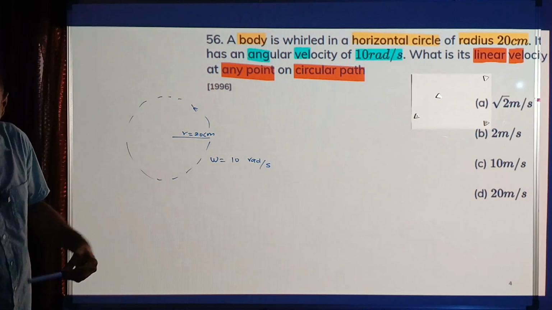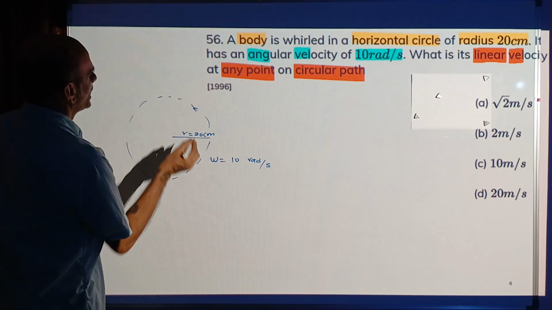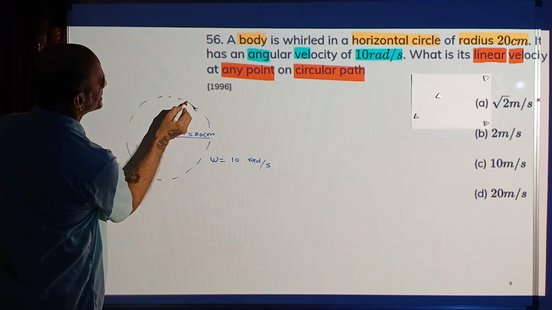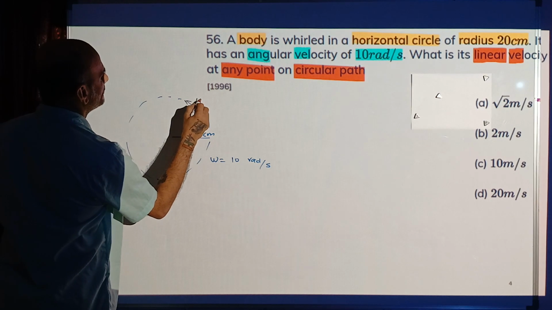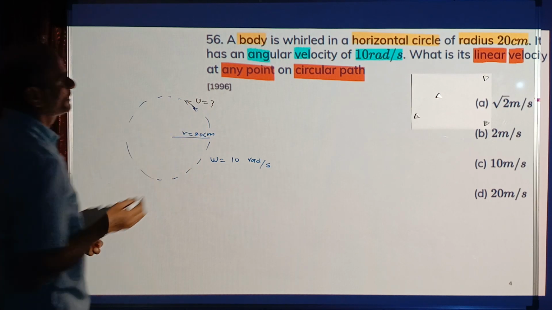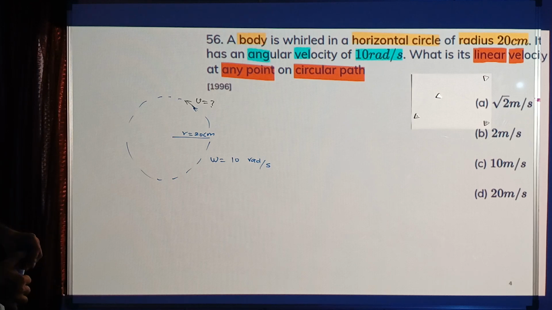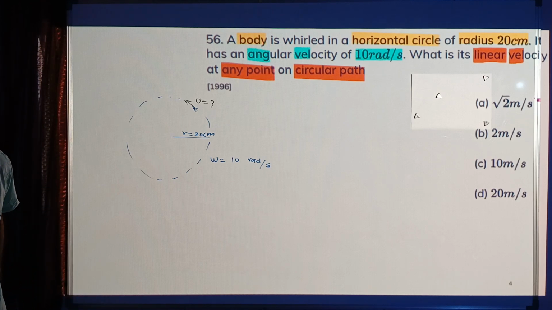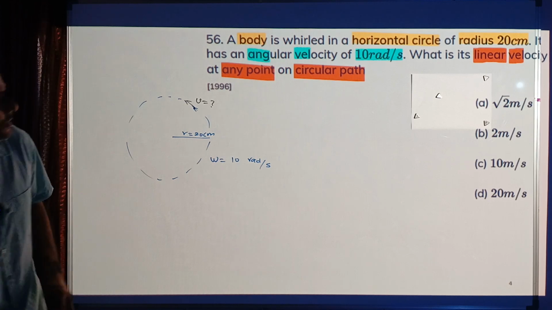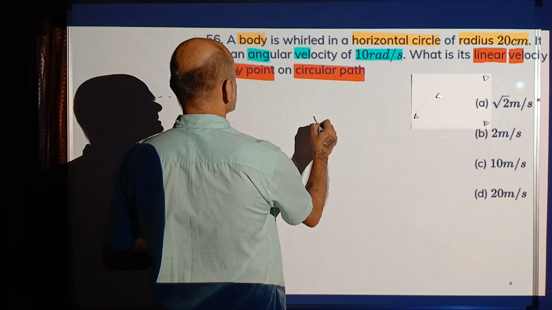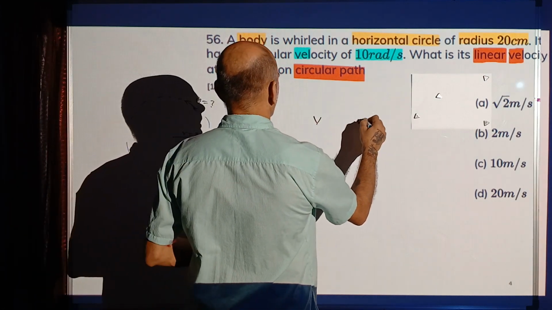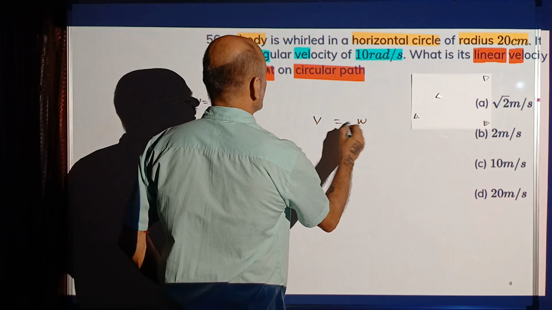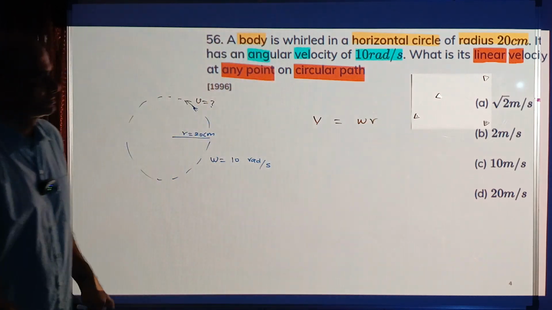At any point, it will have a linear speed v, which you have to find out. So you have to use the formula which relates the linear velocity to the angular velocity as v equal to omega into r.